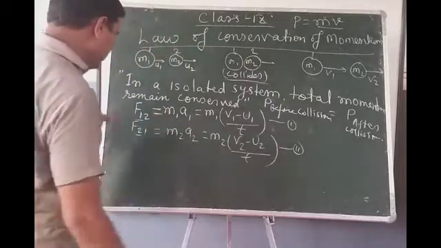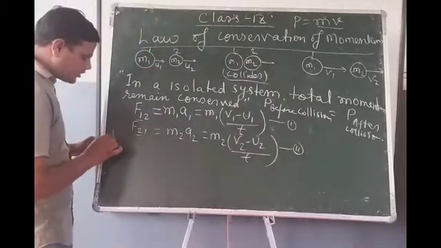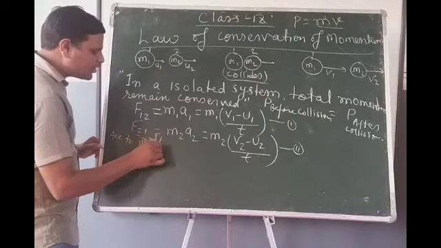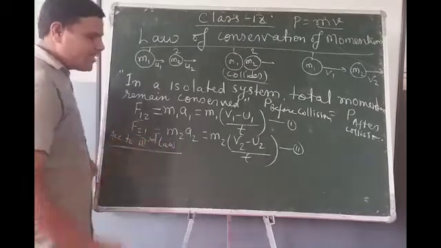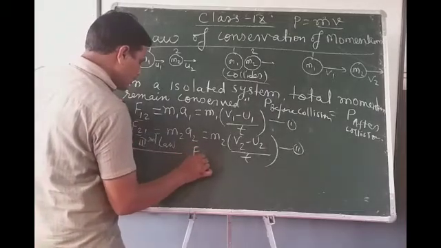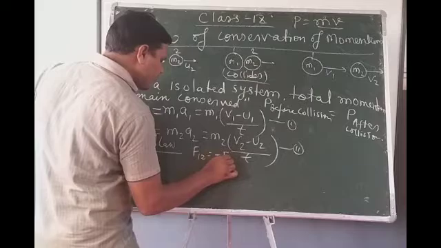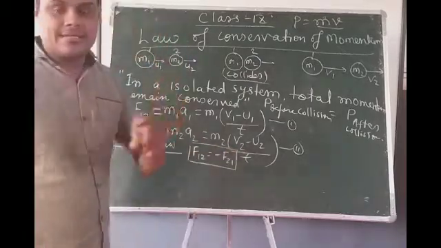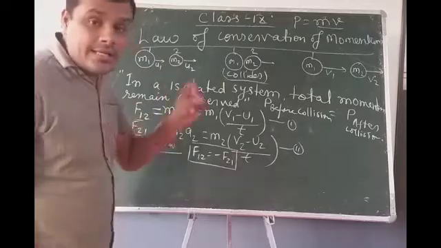But according to Newton's third law, what do we know? We know that F12 will be equal to F21. This is Newton's third law: to every action there is an equal and opposite reaction.